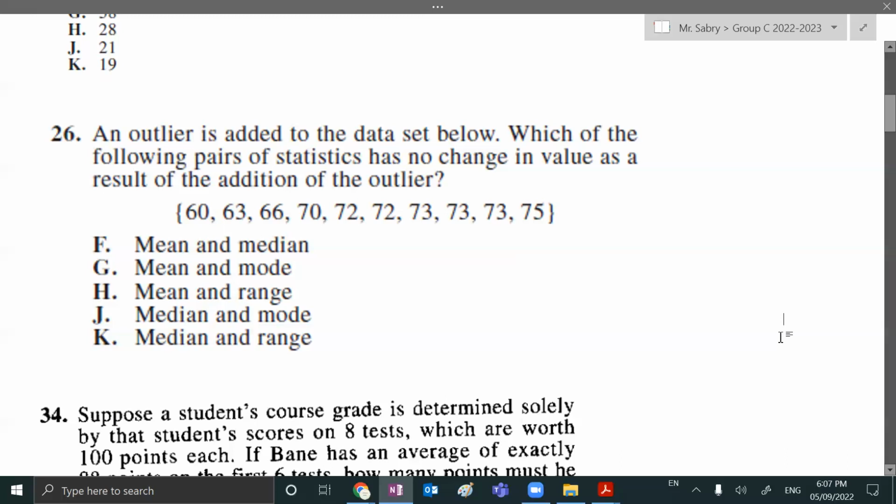Mister, is it the median and mode? Yes, true. Why?